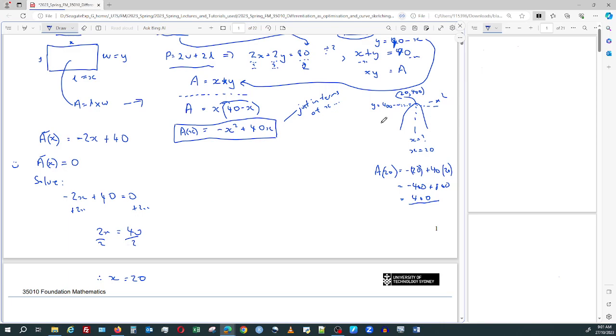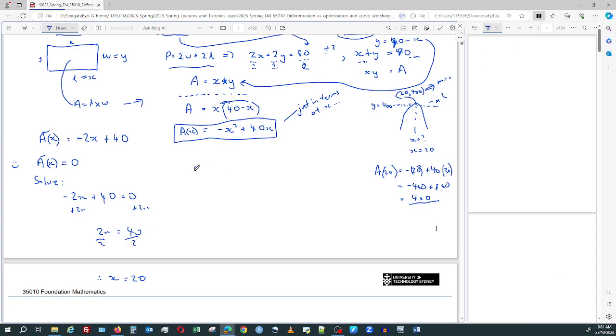That's where A prime is 0. So we've made our derivative equal 0. All right, so now that we've got the location of our particular problem, what is its nature? We can do the second derivative test.